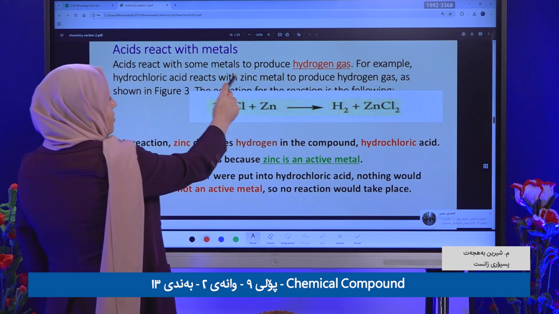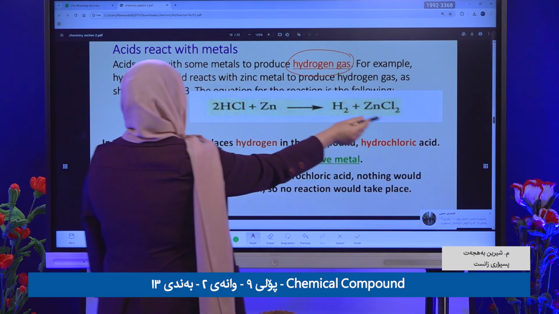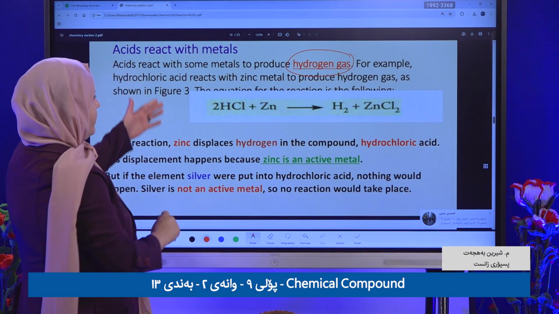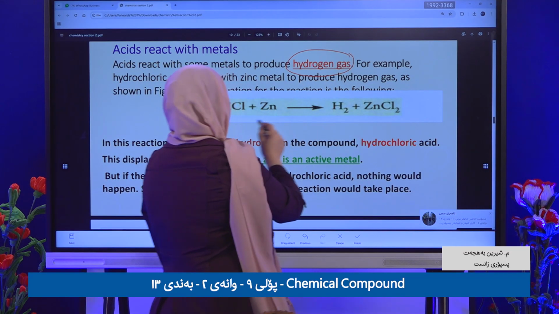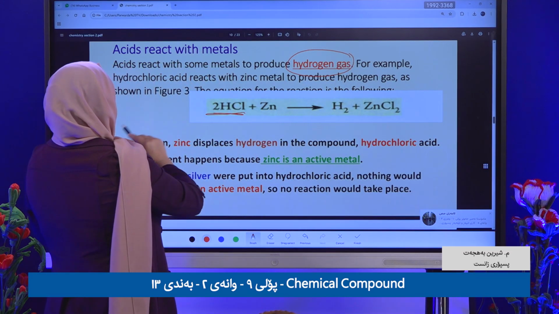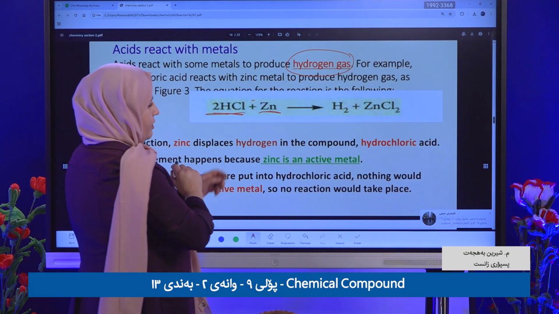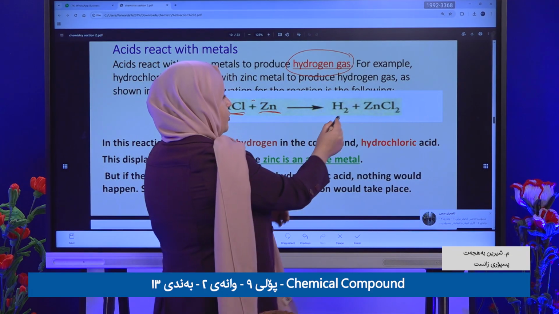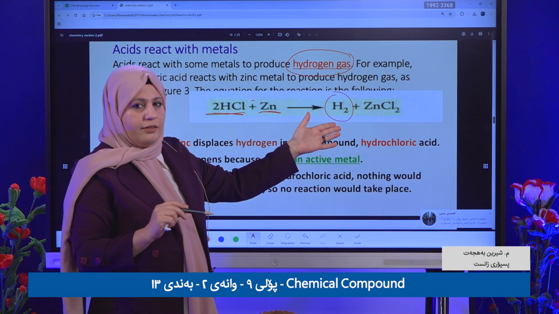Acid reacting with some metal produces what? Hydrogen gas. For example, hydrochloric acid can react with zinc metal and produce what? Hydrogen gas. This is hydrochloric acid, reacting with what? With zinc. During this reaction, they produce what? Hydrogen gas. Clear?